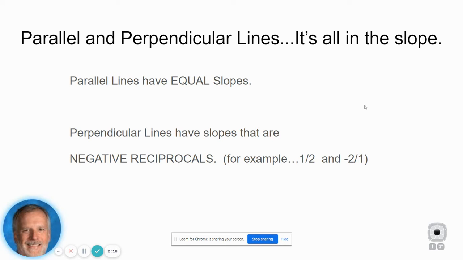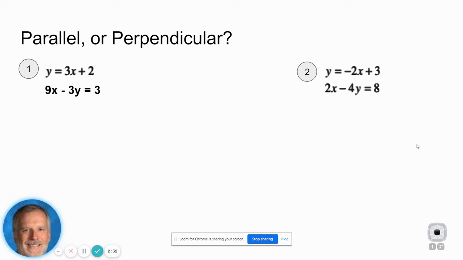I just want to look at a few examples and then give you an opportunity to practice working with parallel and perpendicular lines and writing equations and determining their slopes. So let's look at a couple of sets of equations. We'll start with number one. Jot that one down, please.